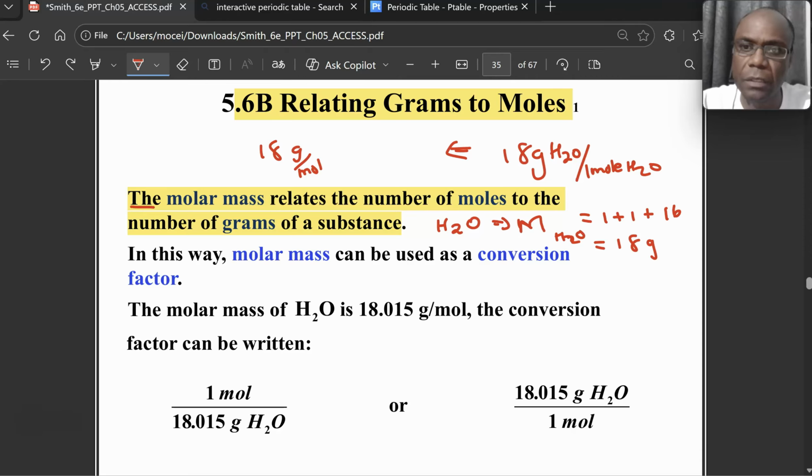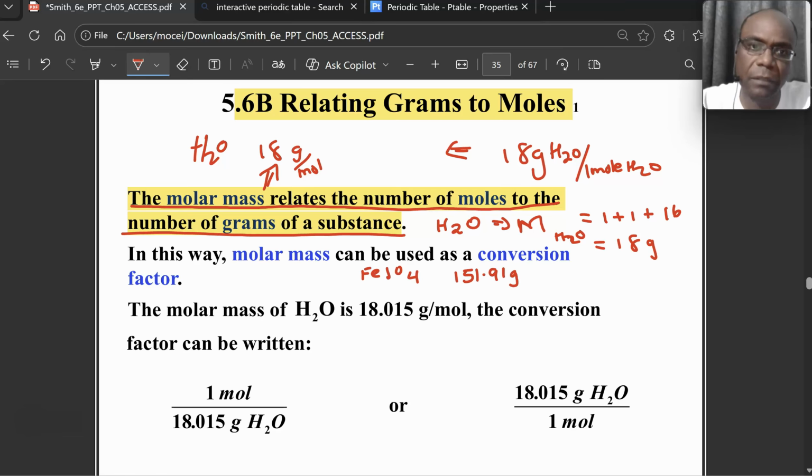So it's true. Then molar mass relates the number of moles of a substance to the number of grams of the same substance, as you've seen in the case of H2O, and also as seen in the case of iron sulfate, where we found that it is 151.91 grams per mole of iron sulfate.